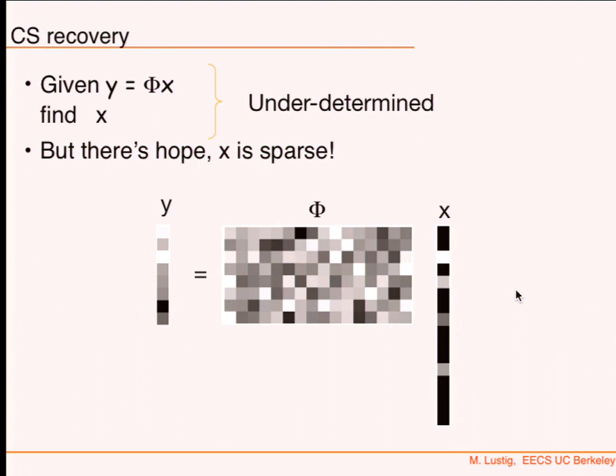Band-limited only tells you I've got frequencies here, and here, and here. That's it. But now, sparsity tells you, well, I don't care where they are as long as there are a few. It's much more powerful, much more representative of natural signals.